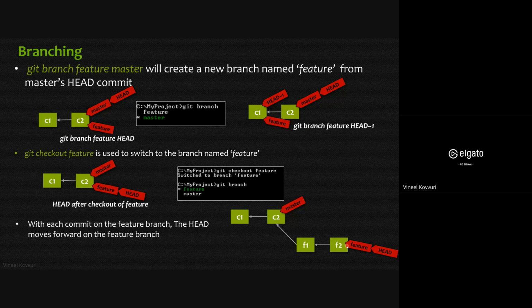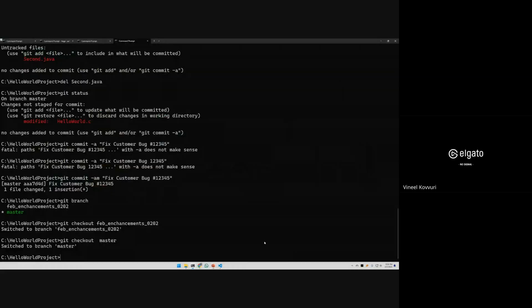Okay, because you switched to feature, when you do git log, it actually shows you the log that is coming from your feature branch. So you would see F2, F1, C2, C1. Remember, these will still be there because we branched off from the C2. That's exactly what we saw in the log.